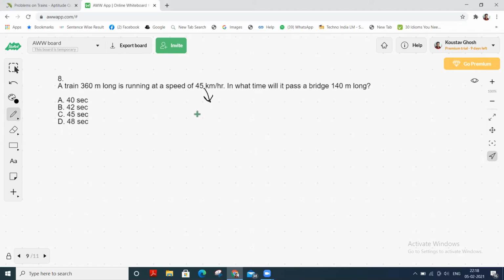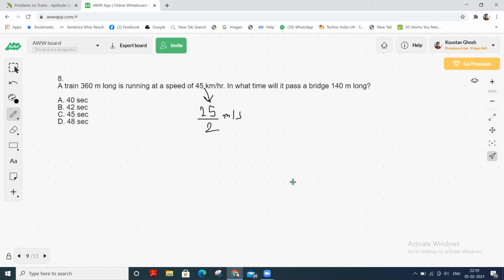We already converted 45 km per hour into meters per second in previous questions. 9 2s are 18 and 9 5s are 45, so this is nothing but 25 by 2 meters per second.